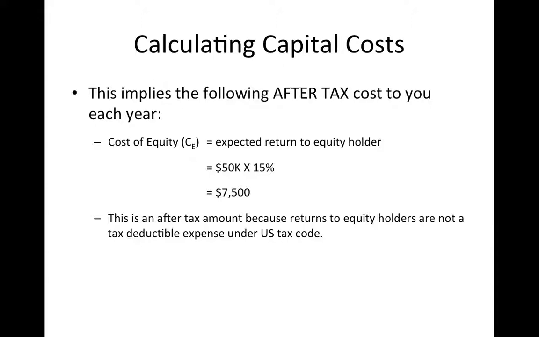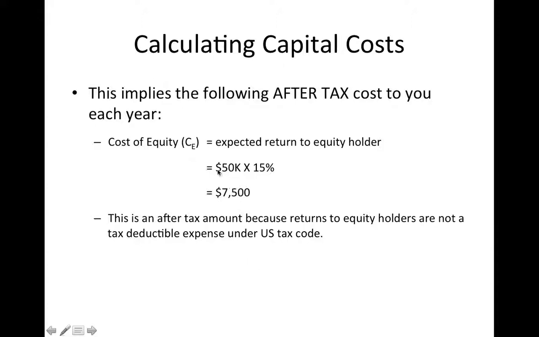Number two, even if a payment to equity is made, say as a dividend or a repurchase, that is not booked as an expense. Rather, that is a distribution to equity holders. And under U.S. tax code, those distributions to equity holders are not tax deductible. And so the before tax costs and the after tax costs are the same.